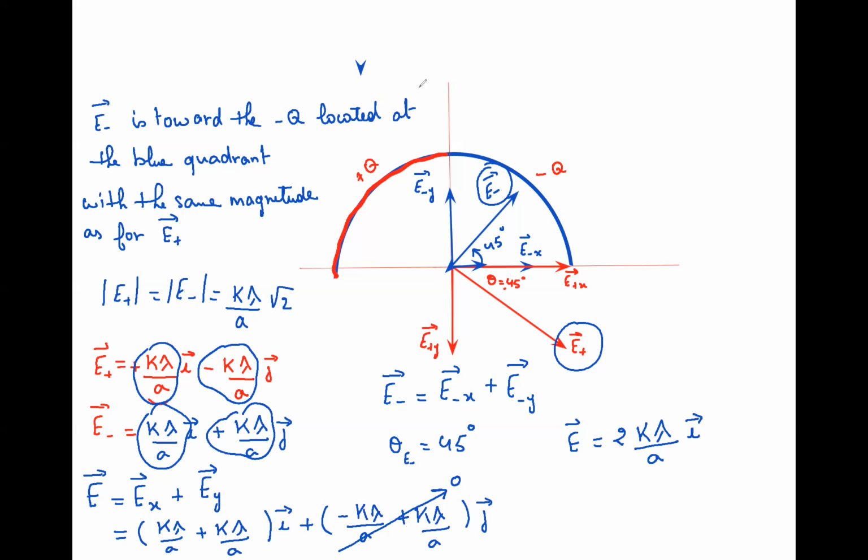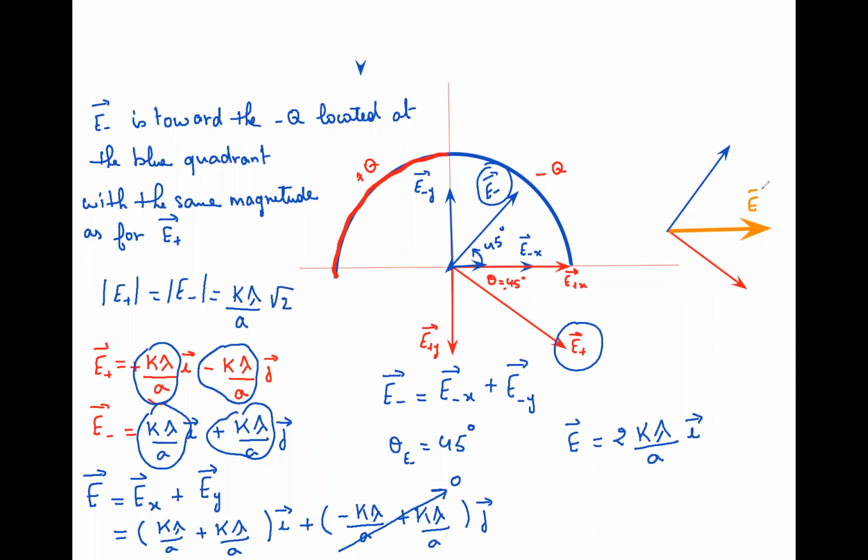So it's normal. Look here. Here we have E negative. Here we have E positive with the same magnitude. So the total E must be in this direction.